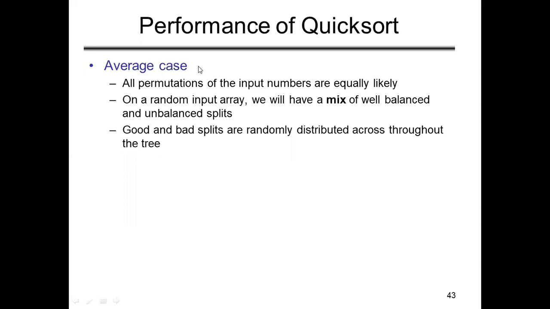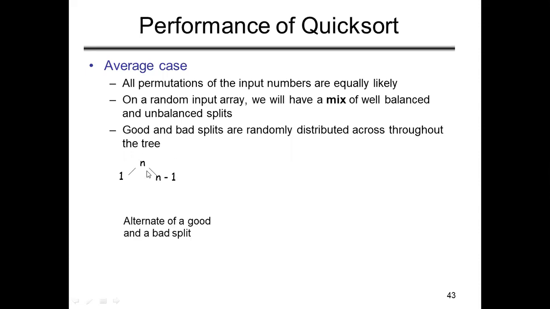In the average case, all permutations of the input numbers are equally likely. So on a random input array, we have a mix of well-balanced and unbalanced splits. Good and bad splits are randomly distributed throughout the tree. So division or partitioning may be good or bad.